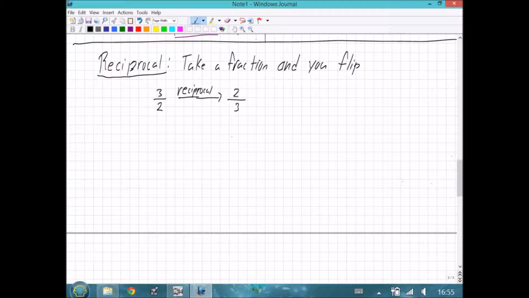This is, of course, the same thing as when we divide fractions, where we just flip and multiply. We're actually multiplying by its reciprocal. Reciprocal is Mathanese for flip the fraction.